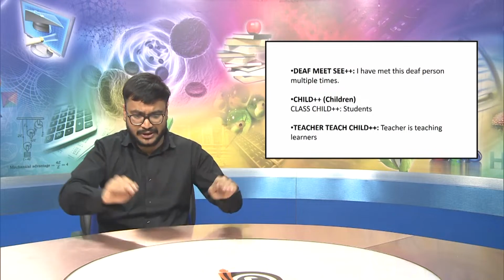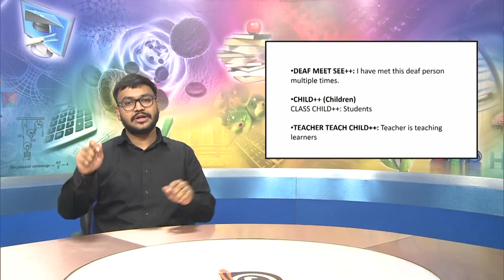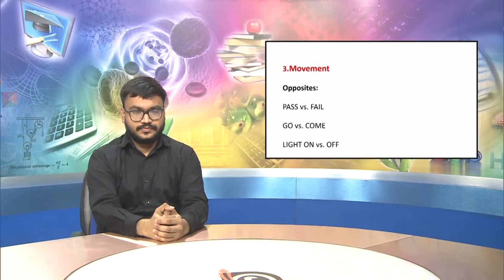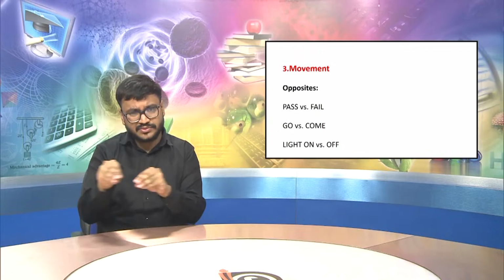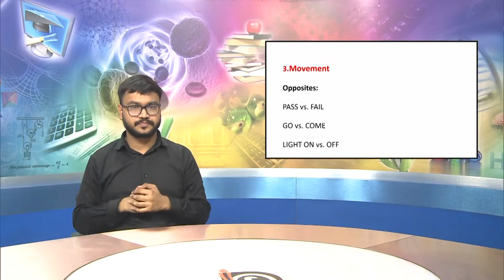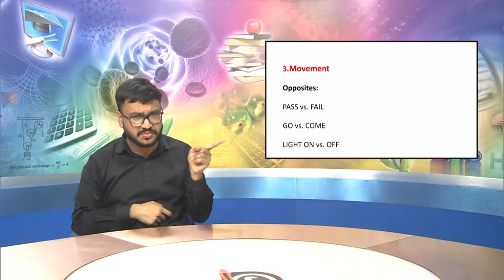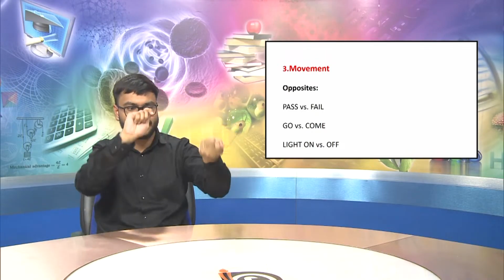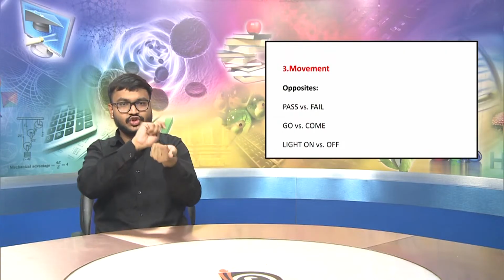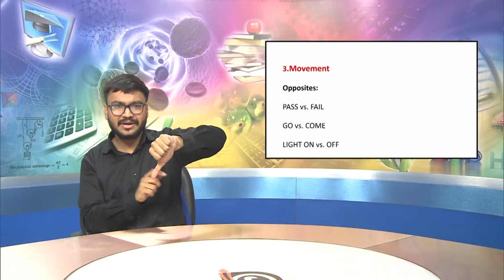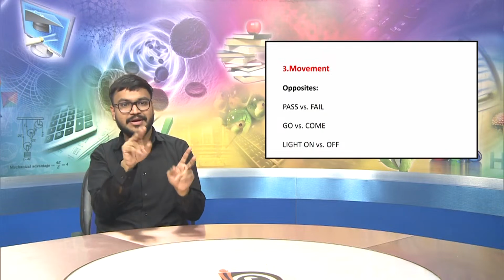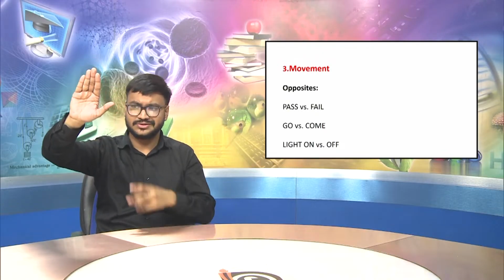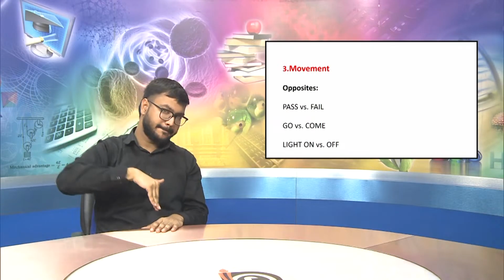For example, the teacher is teaching the learners, as you can see on the screen. Next, the topic is movement. In movement, we use the signs of opposites. For example, the first is pass and fail. Second is go and come.